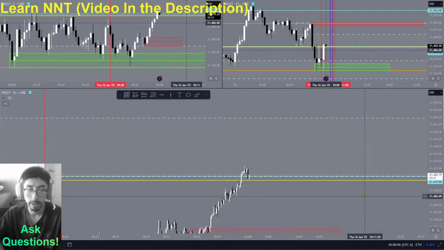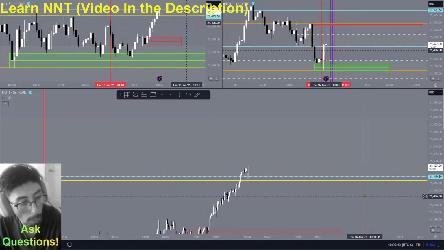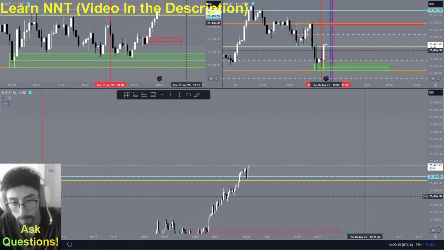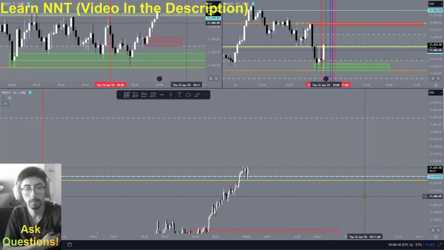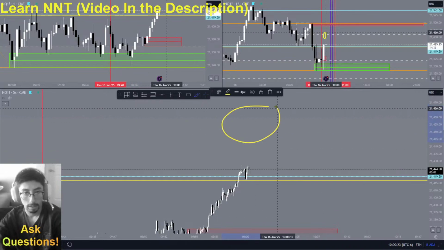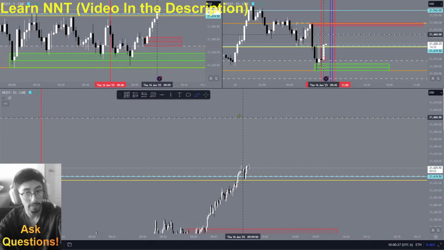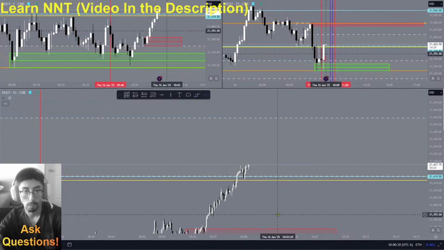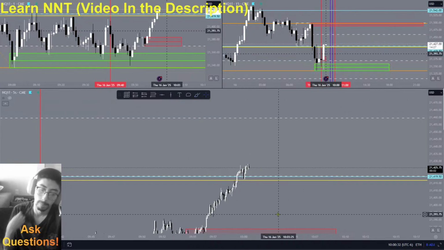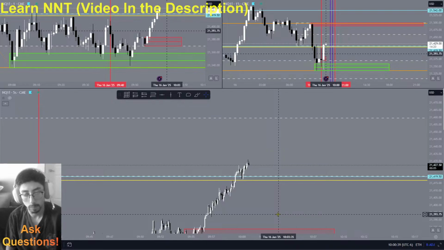We've been respecting it a lot. Price loves it so far. I'm expecting the reaction to be here, if not here. And if it does happen up here, I can more than likely find a bearish play. So I sit on my hands and be patient. Like I said, I'm not going to do anything different than what I normally do.